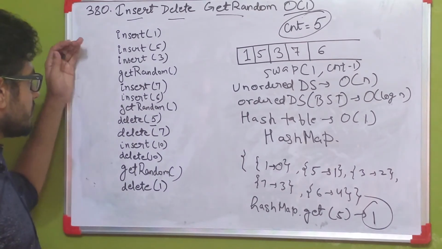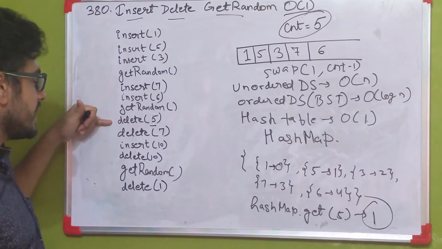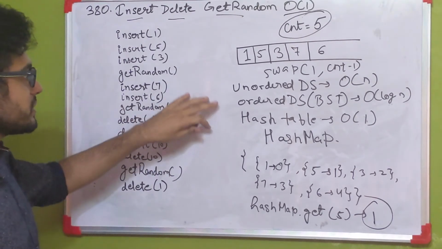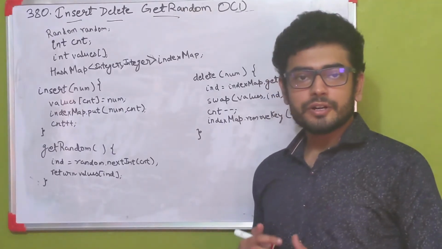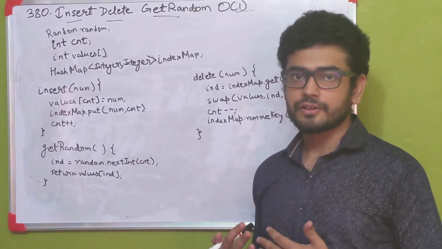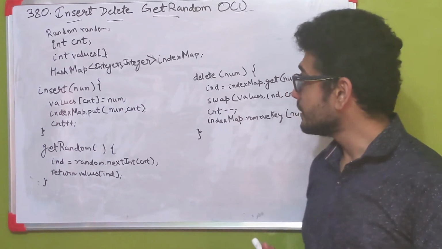Now all three operations, insert, getRandom and delete, can be performed in O(1) time complexity by just using a counter, an array and a hash map. To develop a better understanding of the solution, let's reiterate the different data structures that we used and the operations we performed.